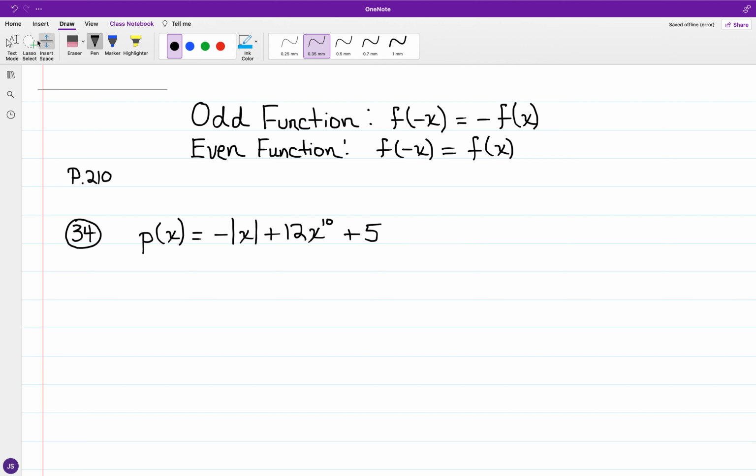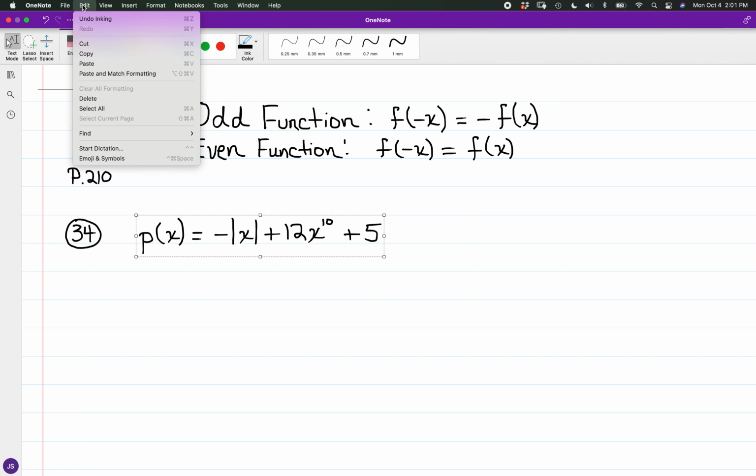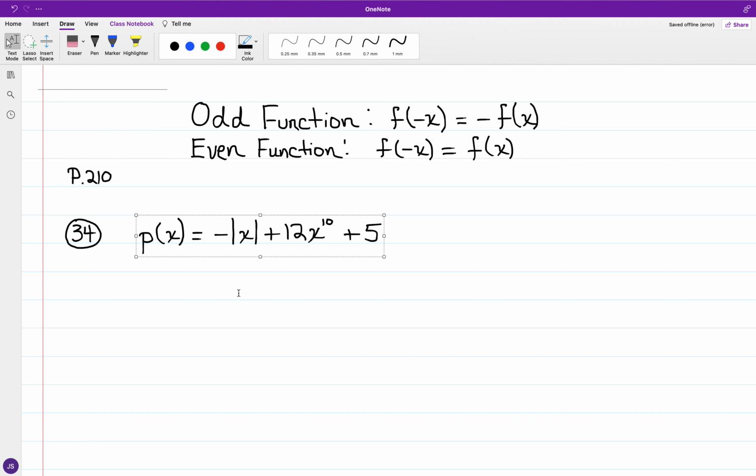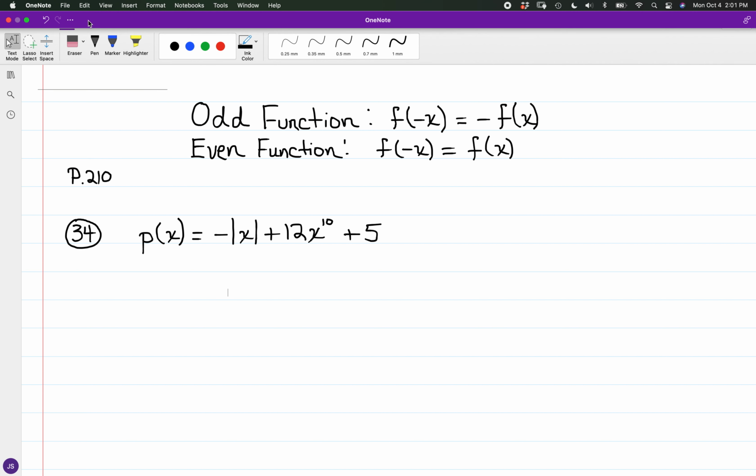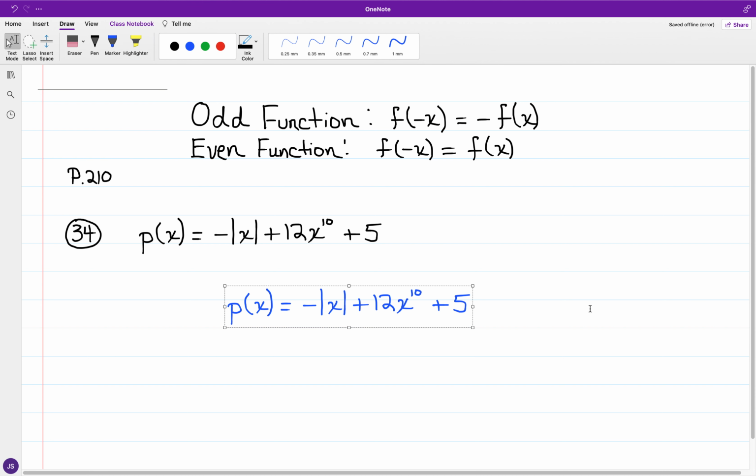Looking at this function, to determine whether it is odd or even, you could look at it through graphing, or just look at how p of negative x is going to follow through. Now we're looking at what will happen once we place p of negative x.